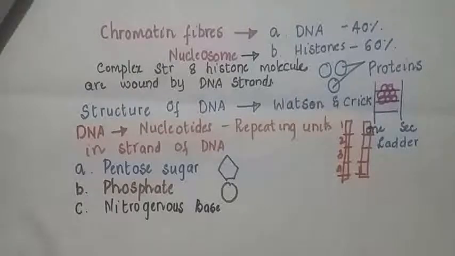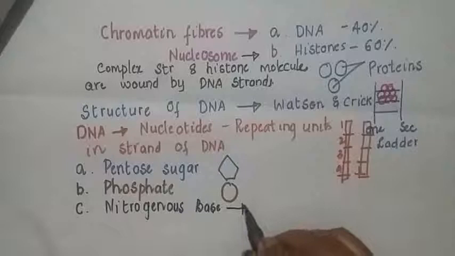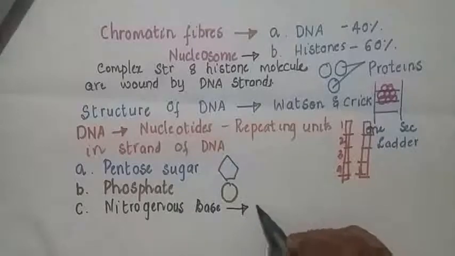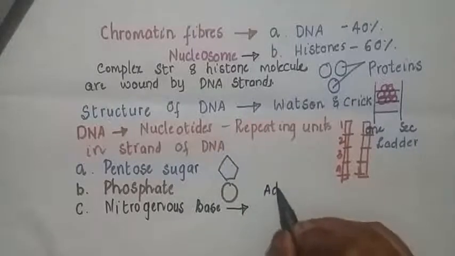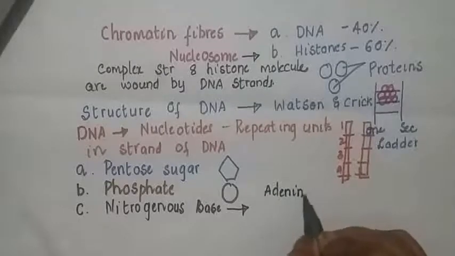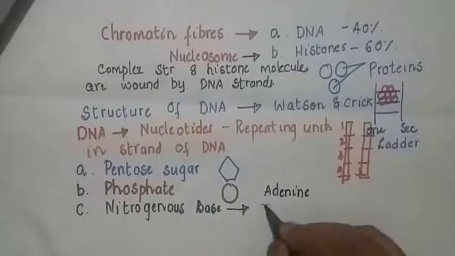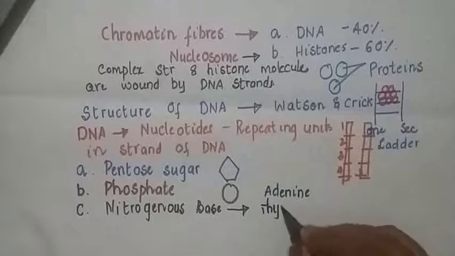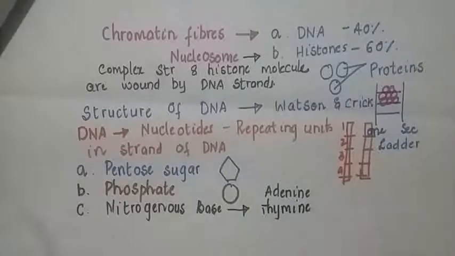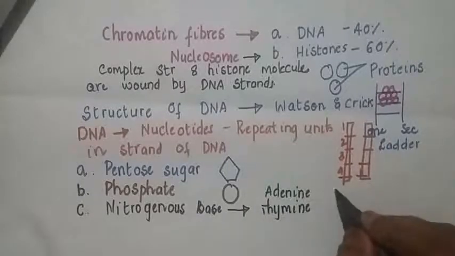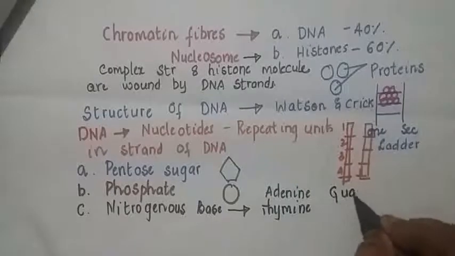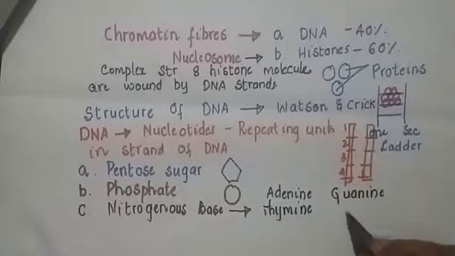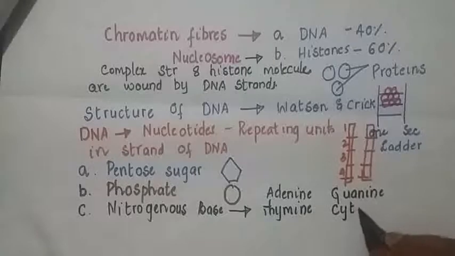In fact there are 4 different nitrogenous bases. They are adenine, thymine, guanine, followed by cytosine.